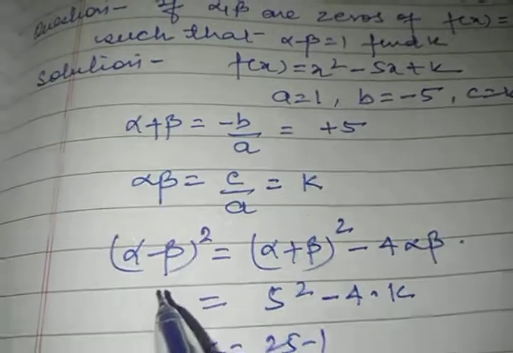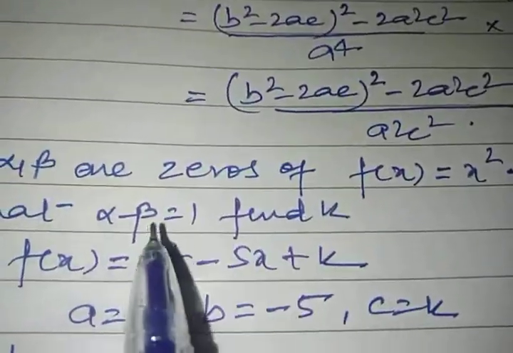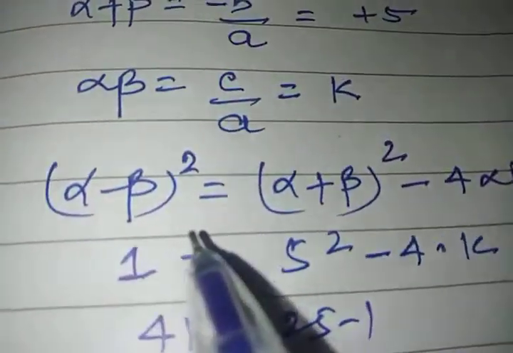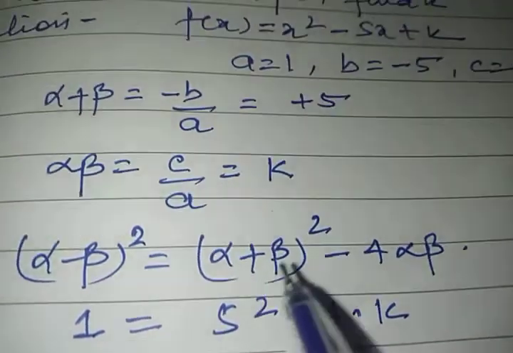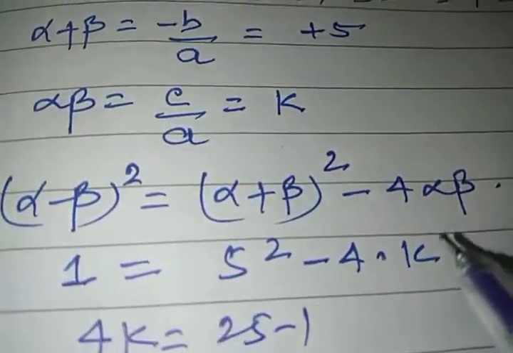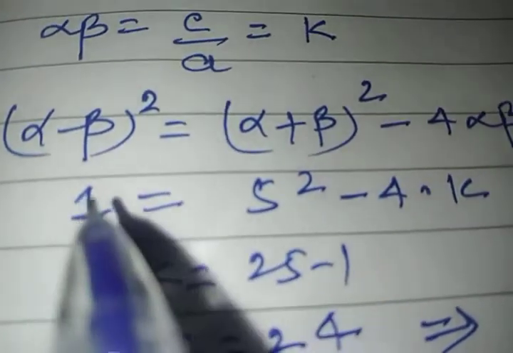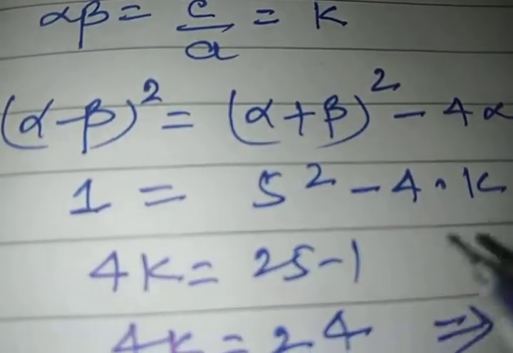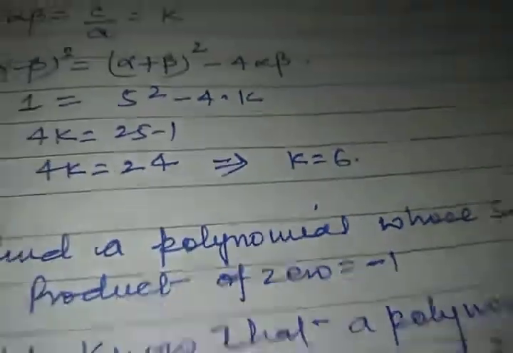So alpha minus beta whole square, because it is given here, is equal to alpha plus beta whole square minus 4 alpha beta. Alpha plus beta is 5 from here, alpha beta is k. So 1 is equal to 5 square minus 4k. So 4k is 25 minus 1. So k will be equal to 6.